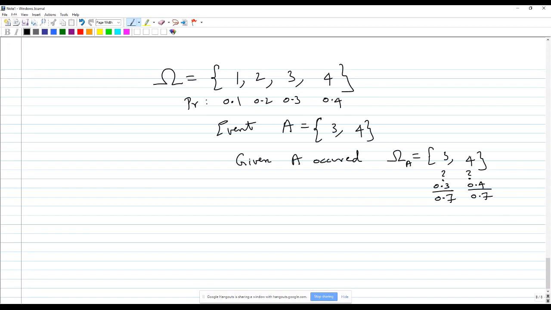The 0.7 is the probability of A, and the 0.4 is the probability of 4 intersect A. So yes, you can shorten or reduce the sample space to the event A, but then the probabilities you assign to the outcomes in your smaller sample space have to be normalized by the probability of A. So you have to divide by the probability of A.